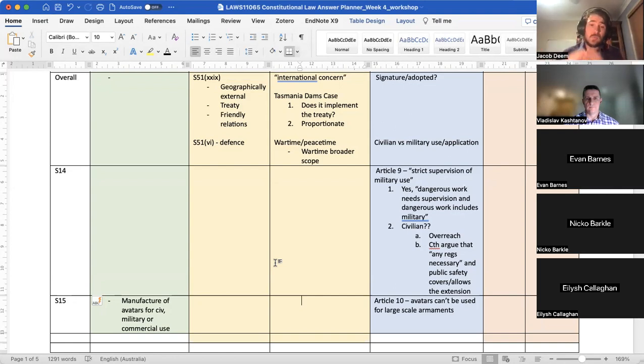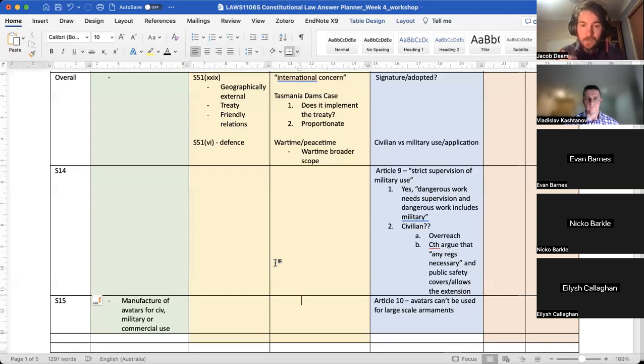But in war, when the scope is expanded, we would see more of these broader or more generalized laws affecting economic and social conditions and things like that in this secondary sphere being justified or valid under the defense power.